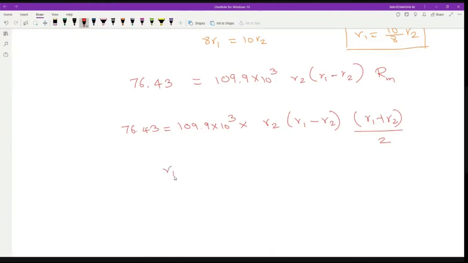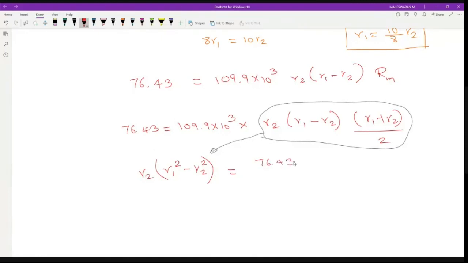R1 square minus R2 square, into R2. I am writing only this term, which is equal to the other terms: 76.43 into 2 divided by 109.9 into 10 power 3.